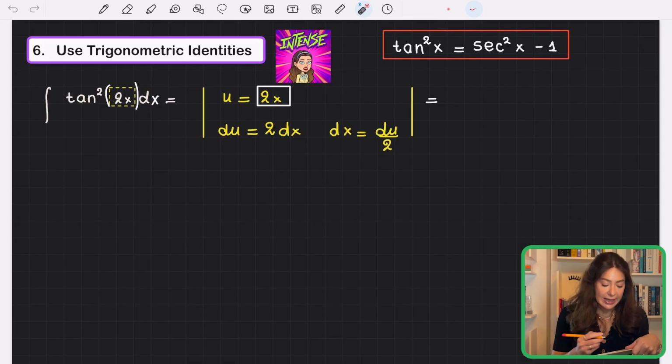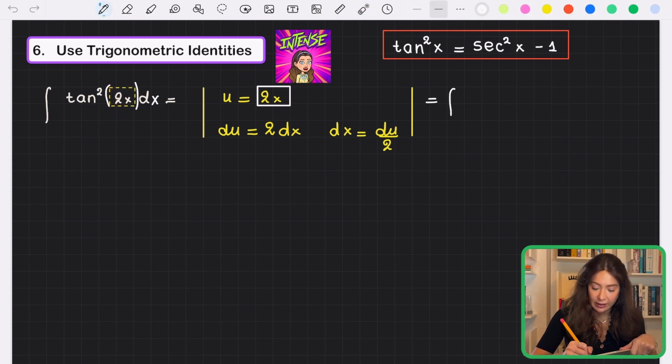And we're going to use that here because we can't take the antiderivative or integral of tangent square x. And this just makes you practice u sub. Okay, so instead, I'm going to write tangent square x as what it equals, which is secant square x minus 1.